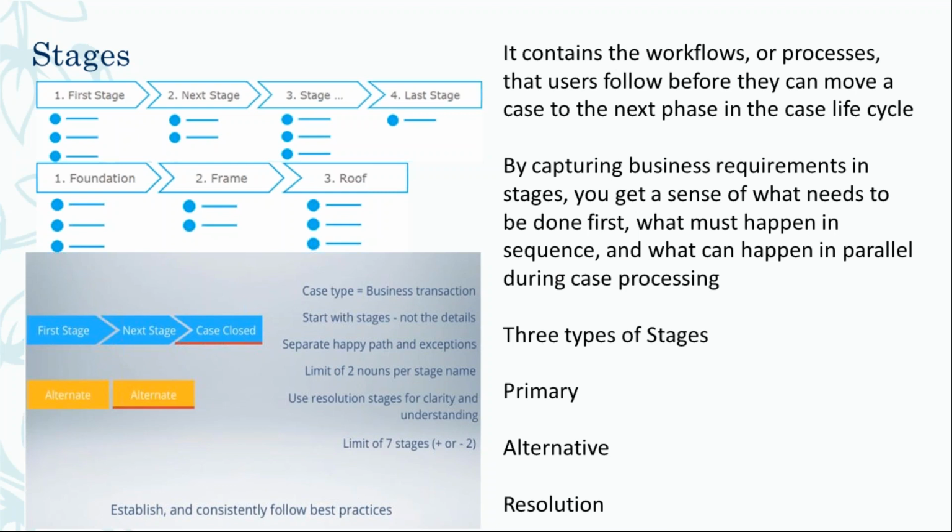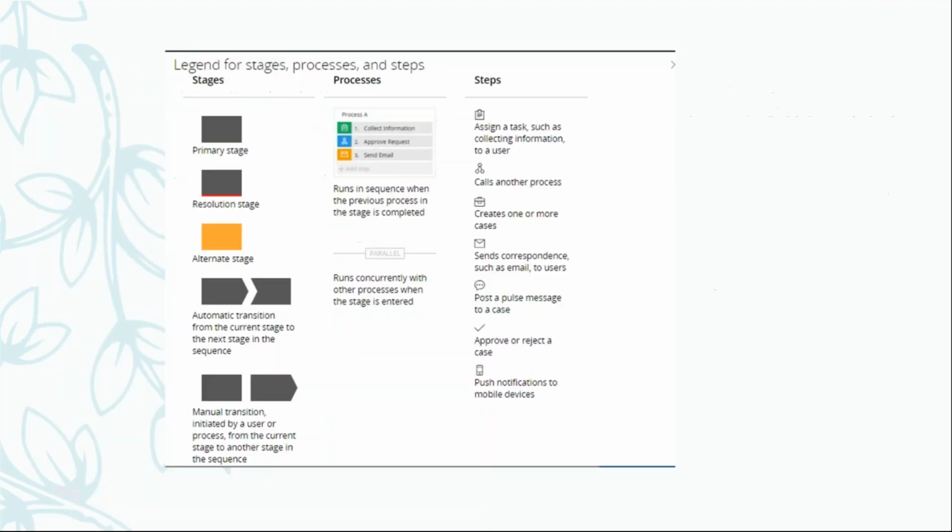This is Pega's terminology, the case legends, as shown in the case diagram. The primary stage is shown without anything, in black color. The resolution stage has a red line below it, a symbol that the case is closed within that stage.